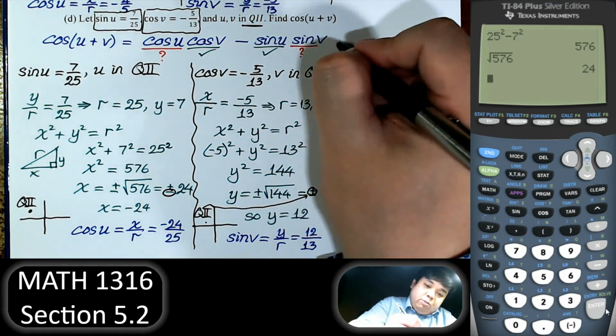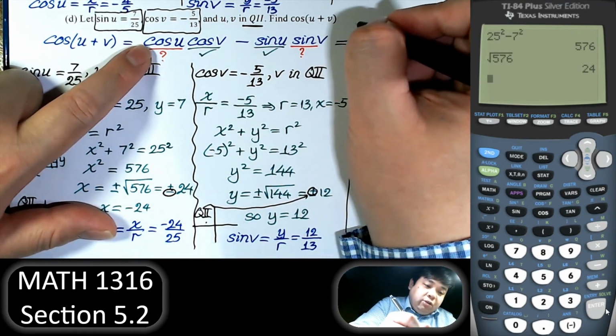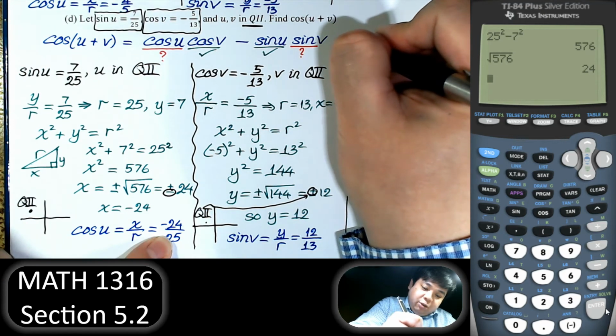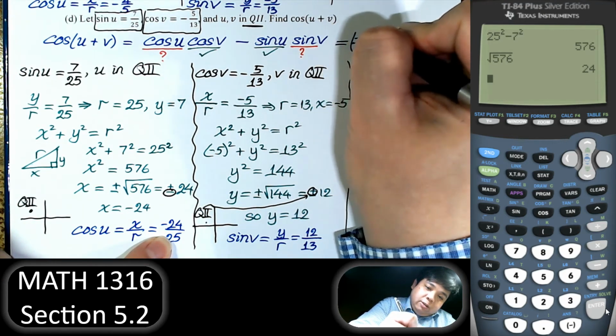And finally, we put in all the numbers we know. Cosine of u, actually we found that, is negative 24 over 25.